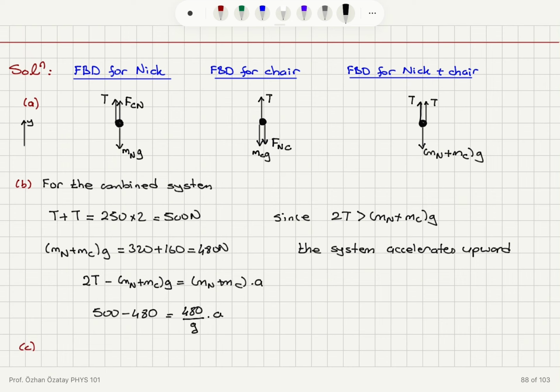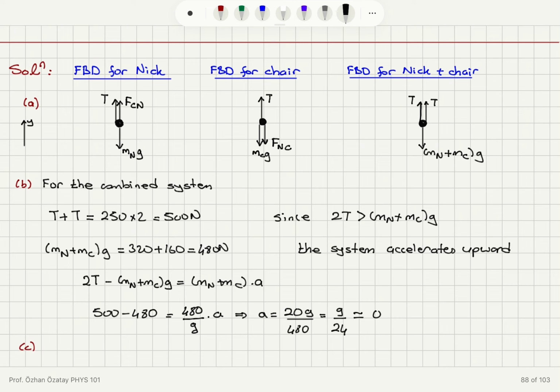So we find that acceleration a is 20 times gravitational acceleration divided by 480, which is g divided by 24.